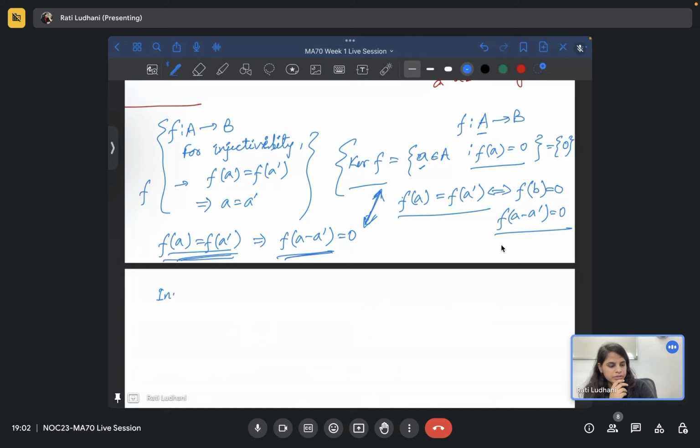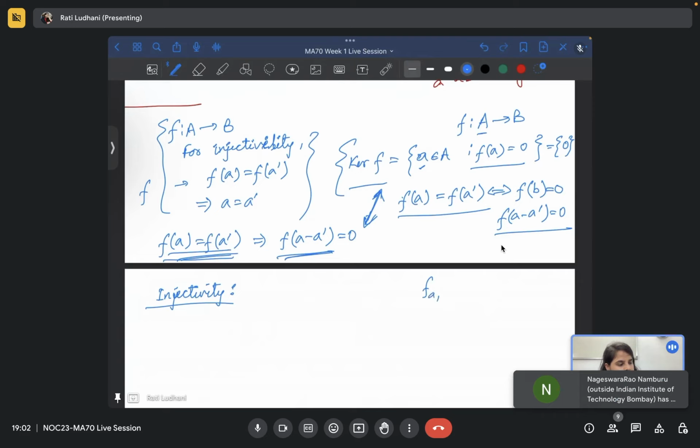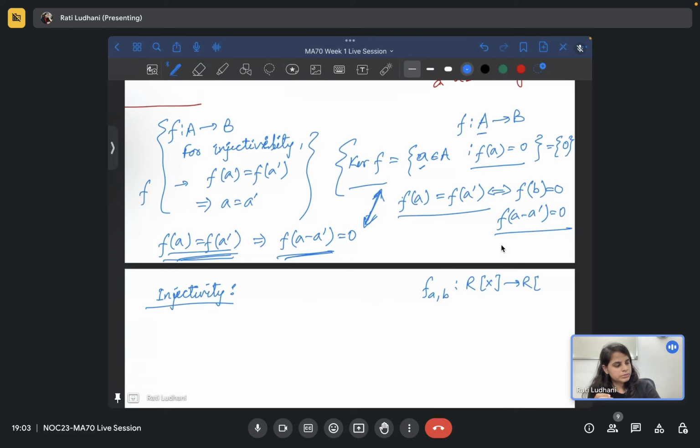So injectivity. To check if f is injective, this is our map f_{a,b} from R[x] to R[x], which maps any element f(x) to f(ax + b). This is our map. So we need to show it when a is invertible.